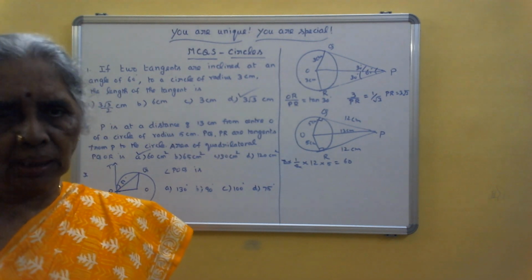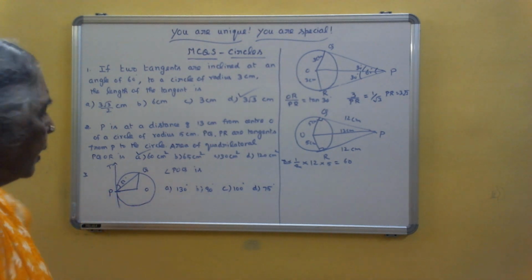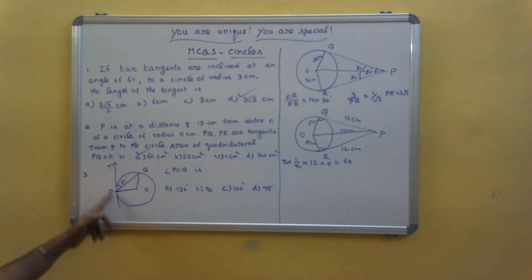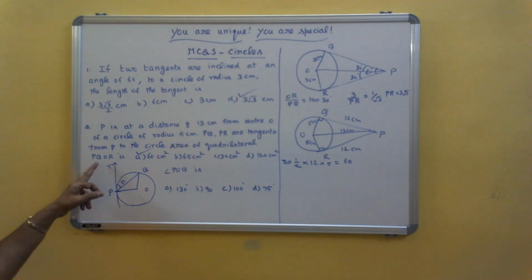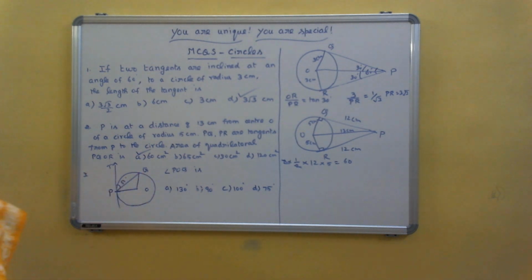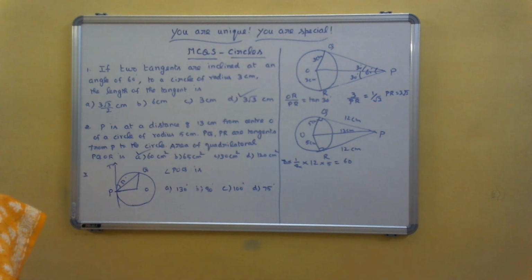Clear? In the third sum, they have given a figure. From the figure you can see that PT is a tangent and PQ is a chord. Angle TPQ is given to be 50 degrees. Angle POQ is, you are given 4 options.